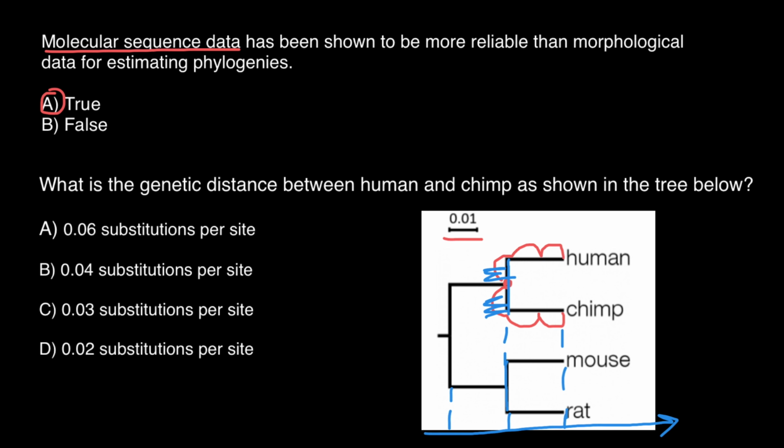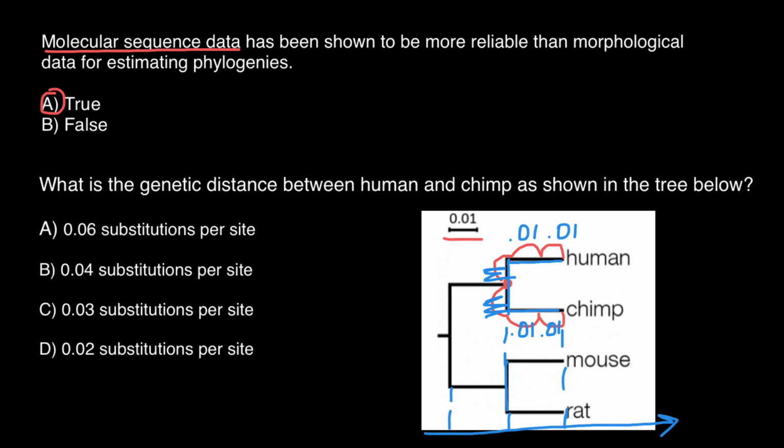So in this case, we have to add this time and this time, and we would say that these two species would accumulate 0.01 mutation per site here for this period of time, 0.01 mutation here, 0.01 mutation here, and 0.01 mutation here. So each species here would accumulate 0.02 mutations per one site for this period of time.